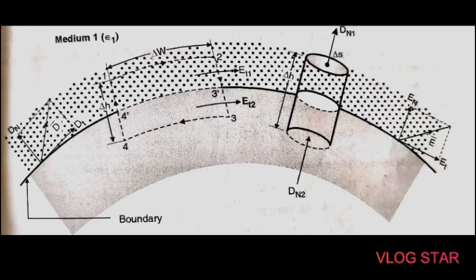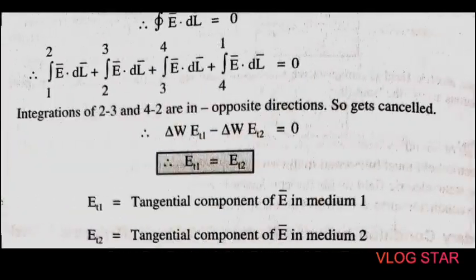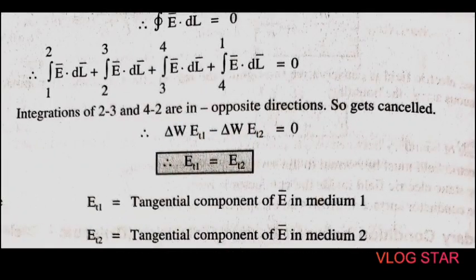Here the closed path starts from point 1, then 2, 3, 4 and back to 1, and we know that the work done to move a point charge around a closed path is always 0. So here we can write the integral of E bar dot dl bar is equal to 0.